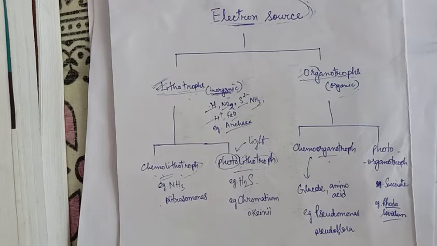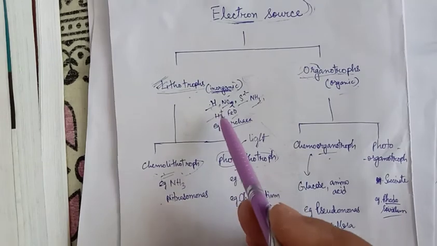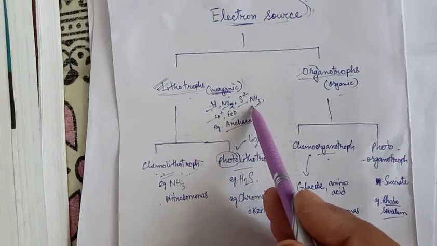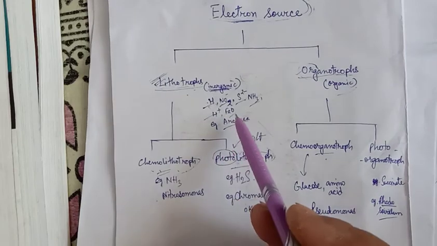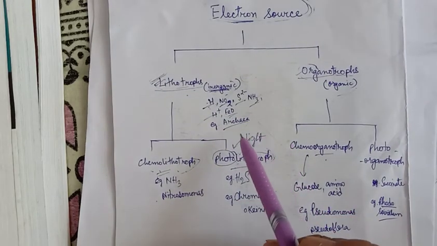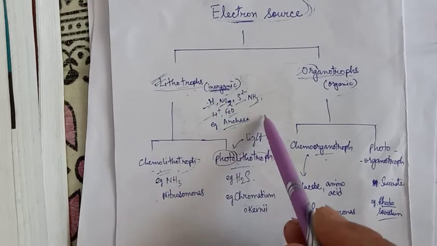Reduced inorganic compounds may be hydrogen, NO2, sulfite, ammonia, hydrogen ion, or FeO, etc. Examples of lithotrophs are the archaea.